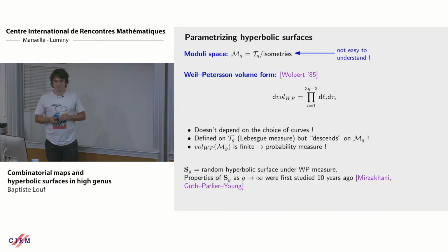I hope I didn't make too many mistakes. There's one typo: the volume here needs rescaling by some factorial. You don't really care for probability and sampling, but when you compare the volumes of different genera, it's going to matter. I don't remember exactly what the factor is, but I guess it's like 6g factorial or something.